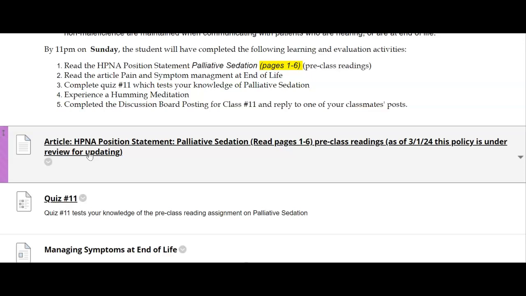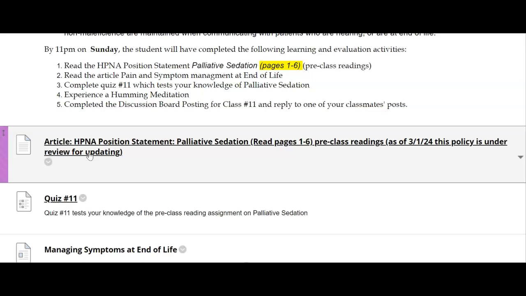The double effect is that sometimes when we're relieving pain and causing palliative sedation, it can in some manner hasten death. But what is ethical and part of our American Nurses Association Code of Ethics is that our primary purpose for giving palliative sedation is to relieve pain.